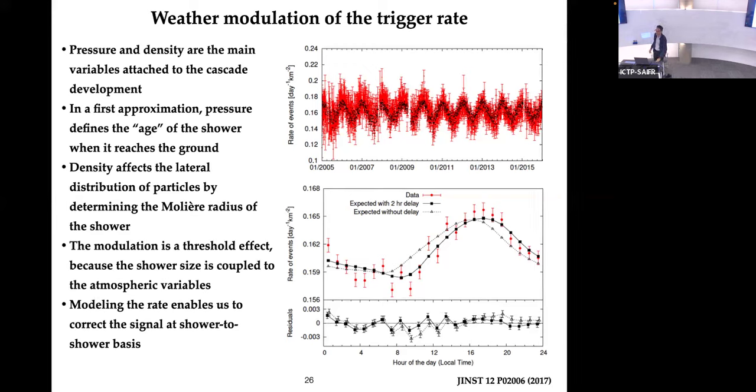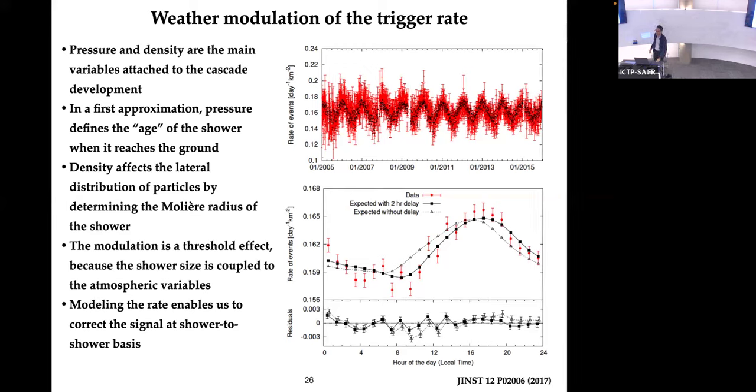That means that if you assume a given energy threshold in your analysis, showers will keep moving up and down across your energy threshold. So you will have fake modulations in your event rate that will contaminate your large-scale analysis.